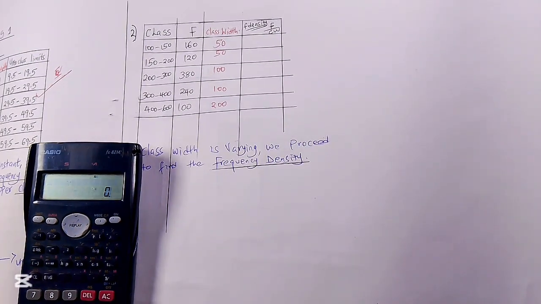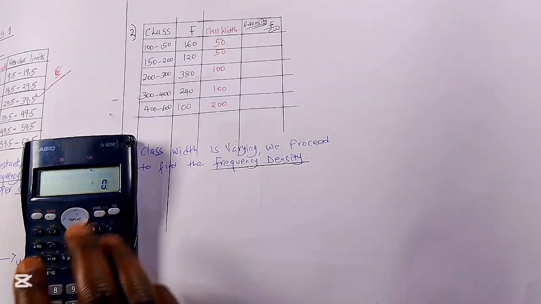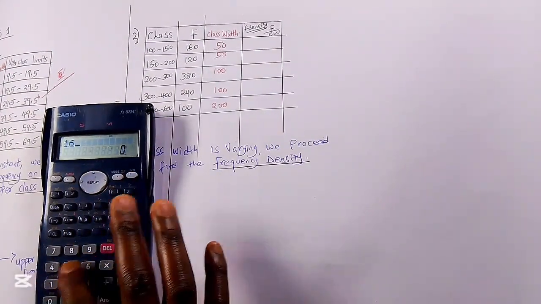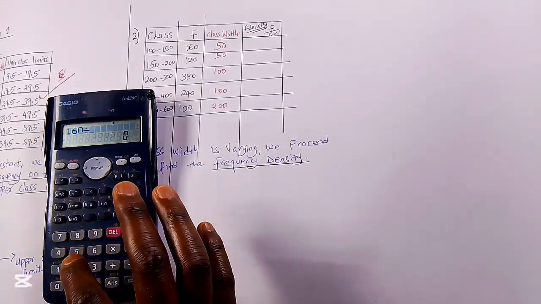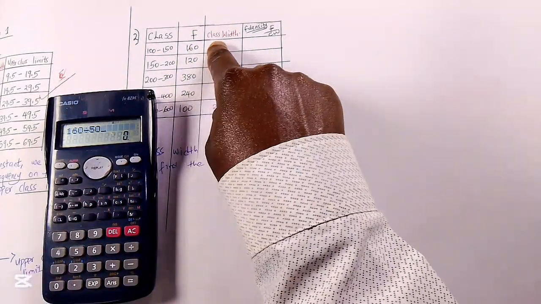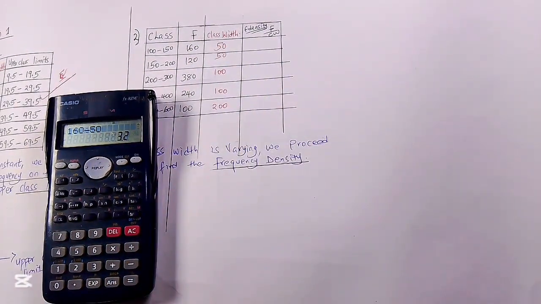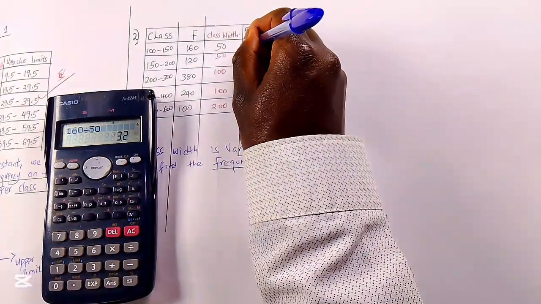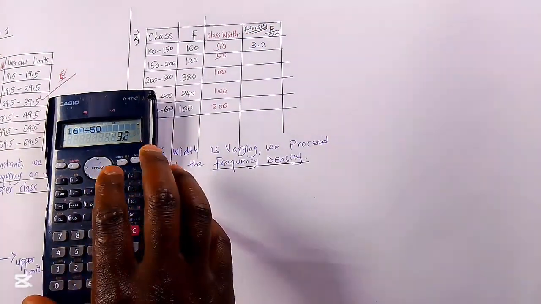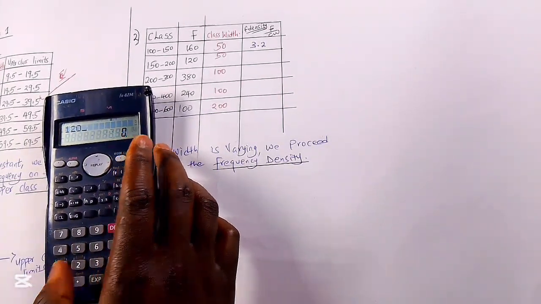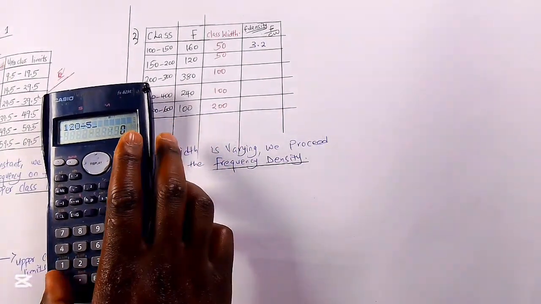To get the frequency density, we will take 160 divided by 50. It is frequency divided by class width. Once we do that, we will get 3.2. Then we take the next one, 120 divided by 50.